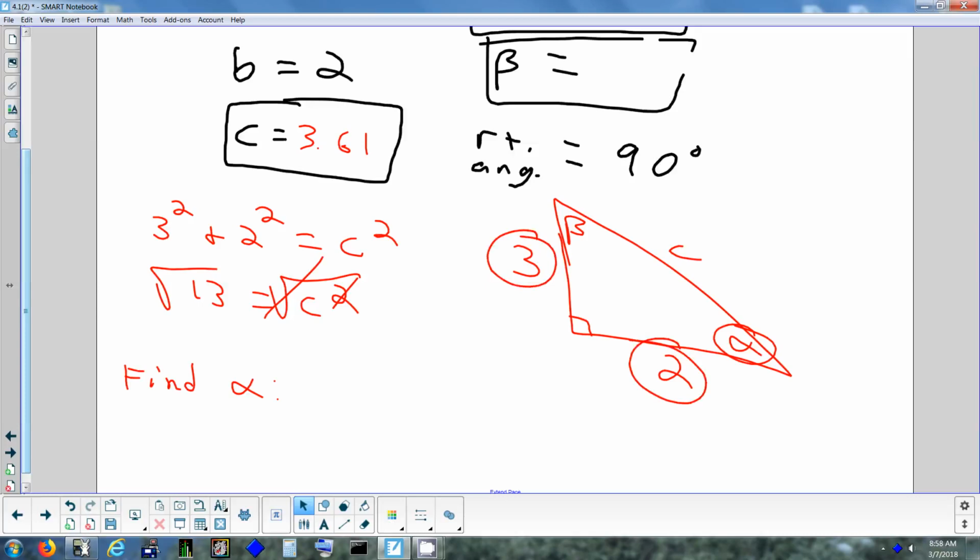What's the name of the side that's 3 units long? Is it opposite, adjacent, or hypotenuse? Opposite. What about the side that's 2 units long? Jordan? Adjacent. And Jordan, can you tell me what trig function would involve opposite and adjacent?